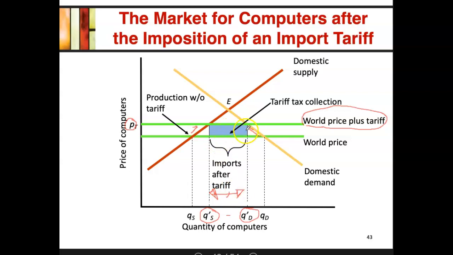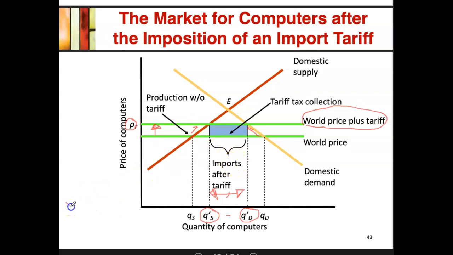At the same time, there's going to be revenue collection, right? Because remember, the tariff is basically a tax, okay? So what is the revenue collection? Well, basically it is the amount of tariff imposed times the amount of imports, okay?